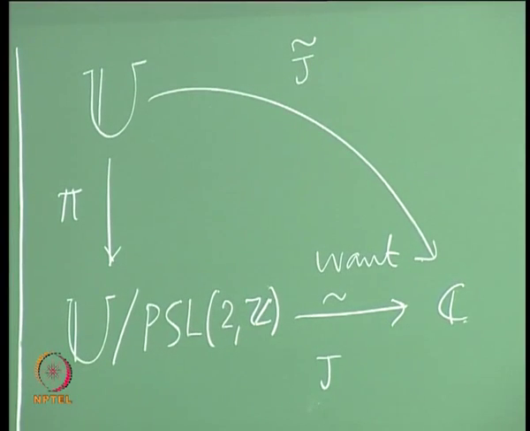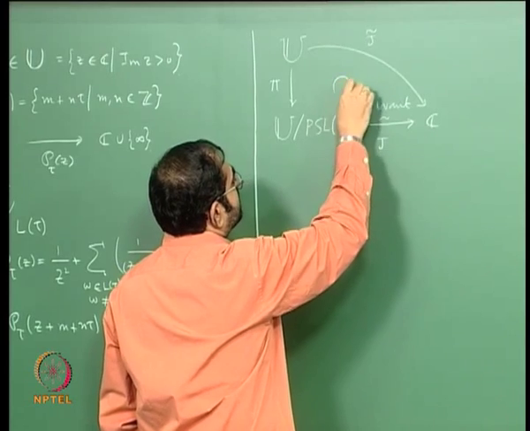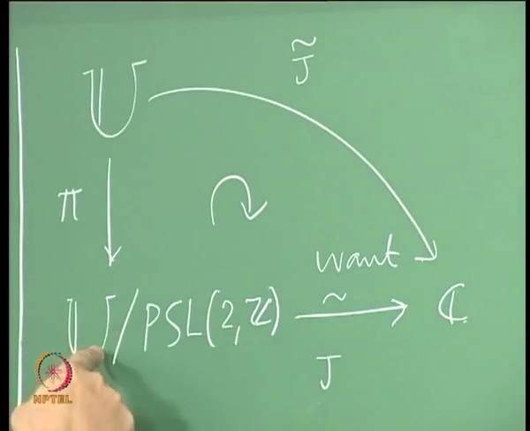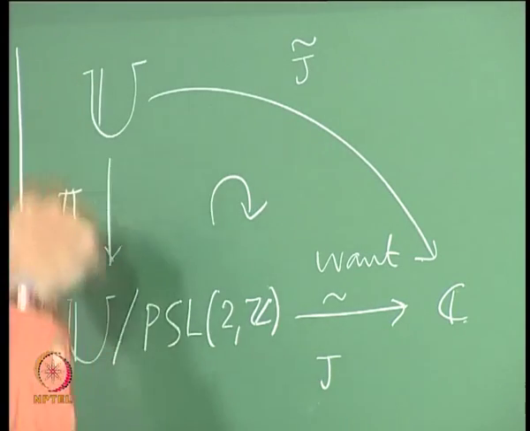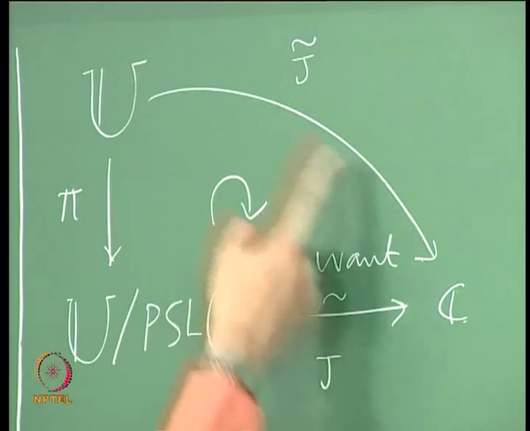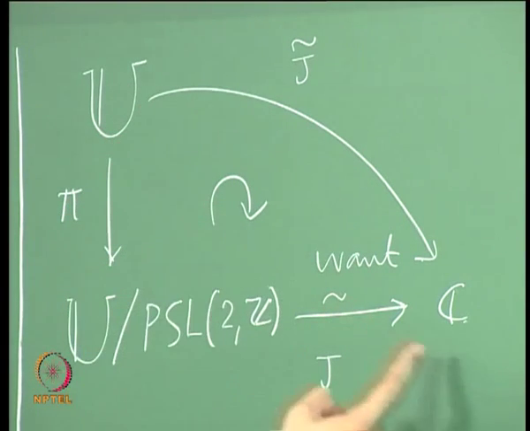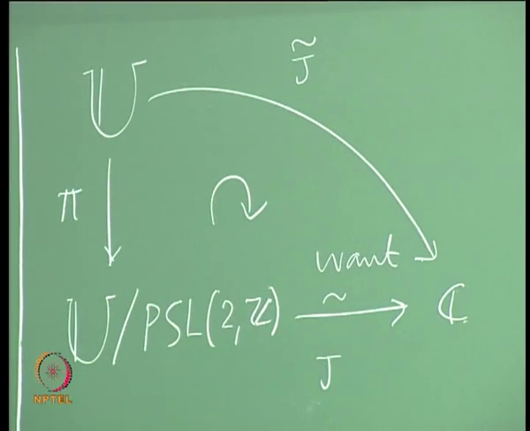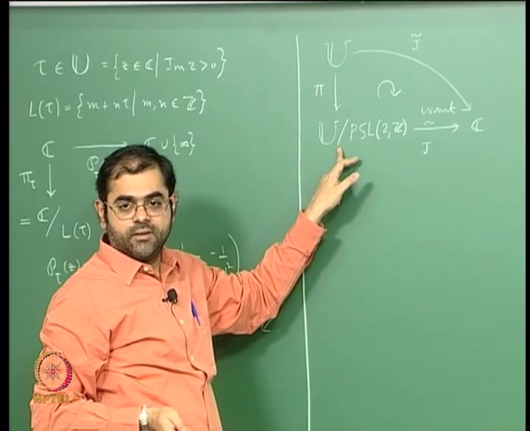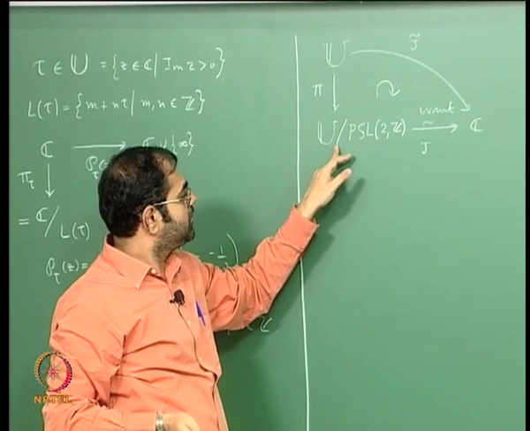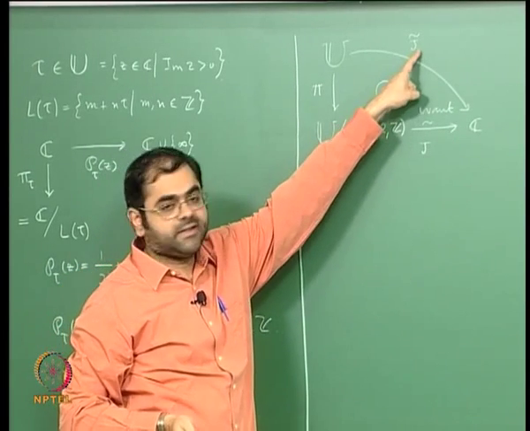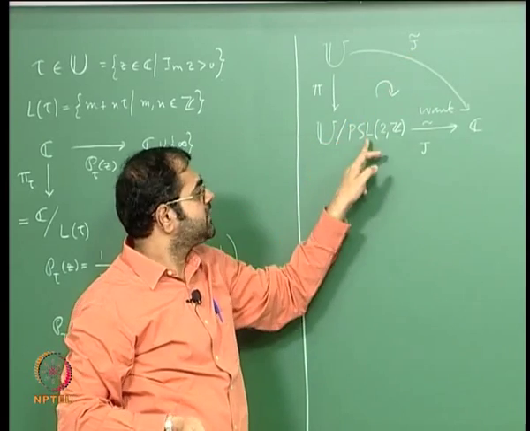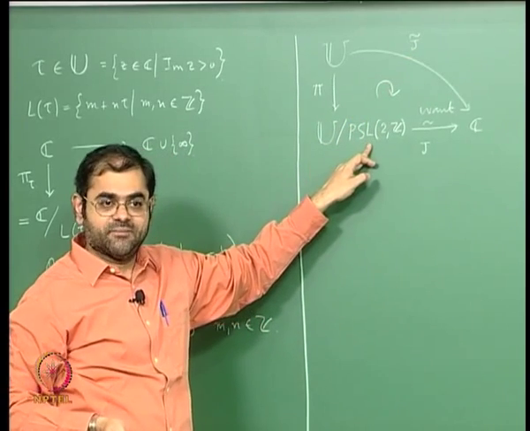Then this diagram commutes, namely this arrow is just this composed with this, and since this is also holomorphic, that is also holomorphic, so you have a holomorphic map from the upper half plane to C. And the fact that this holomorphic map goes down to a map below should tell you that this map J tilde is going to be constant on orbits of PSL2Z.